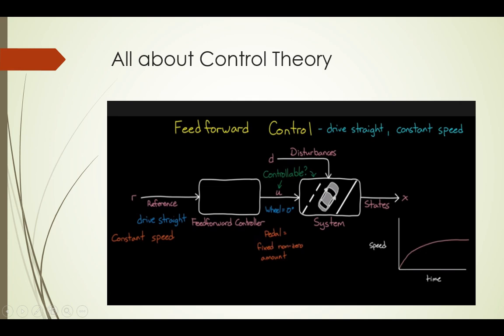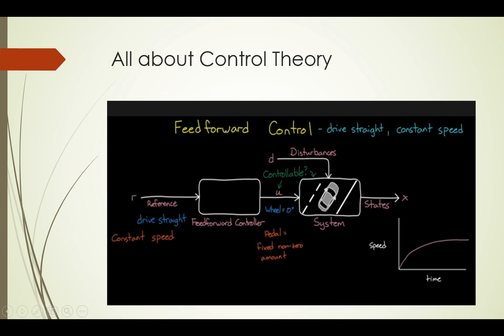We assume that we have a relationship between speed and time. If we want to design feed forward control here, we need a desired pedal fixed at a non-zero amount so that we can achieve that particular speed. For that, we need some mathematical representation of this system.